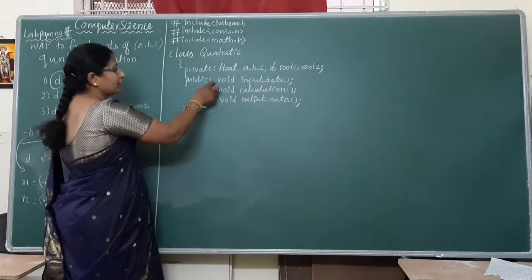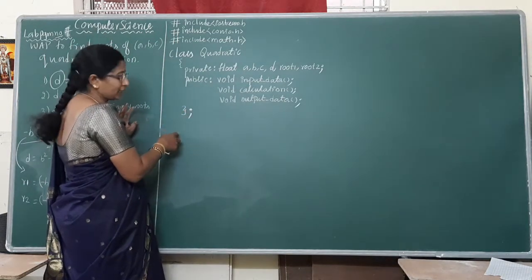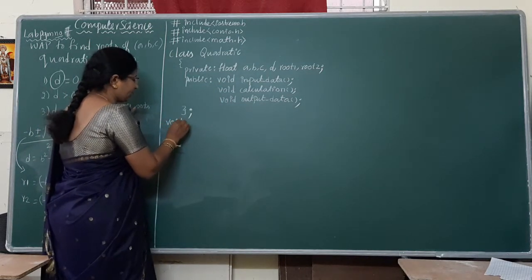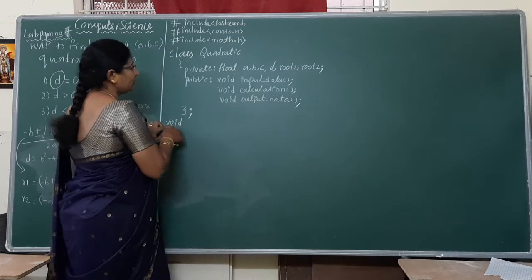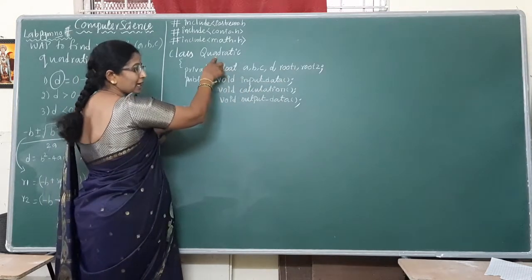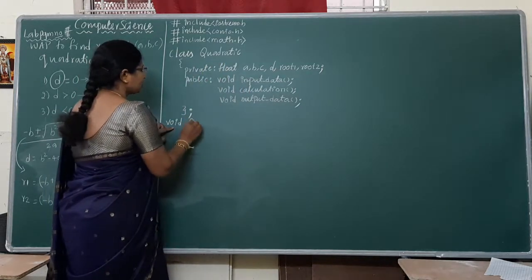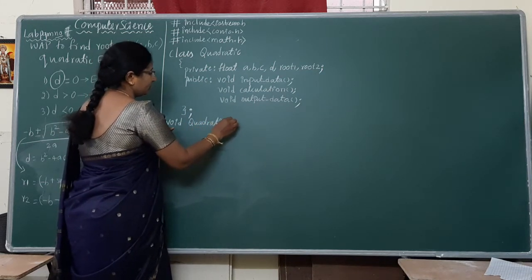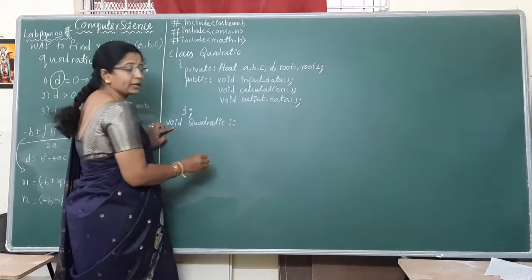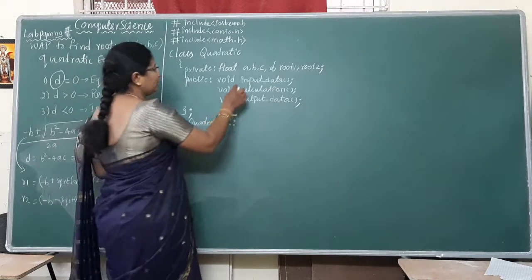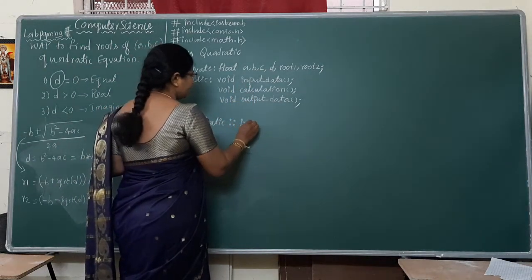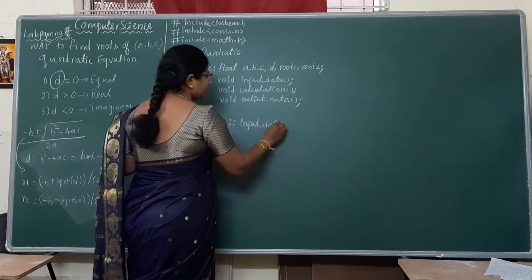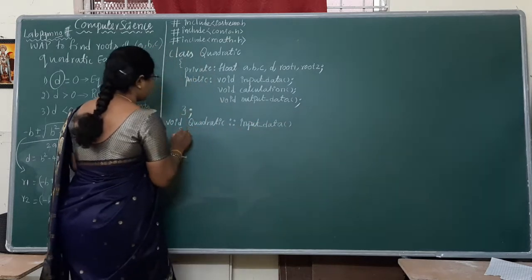So now we are defining these member functions outside the class with the help of a return type. What is the return type used here? Void is the return type, and this function belongs to which class? Quadratic class. So write quadratic, then the scope resolution operator, then the function name, input data. What are the inputs you require?